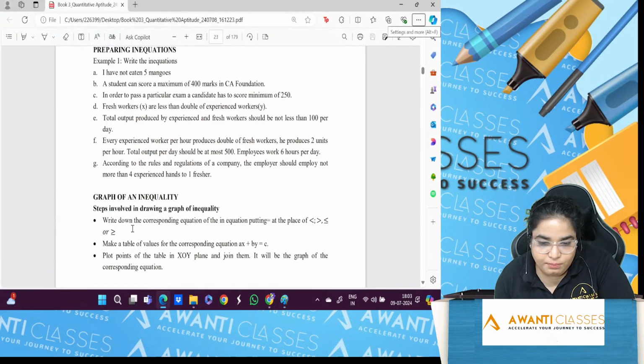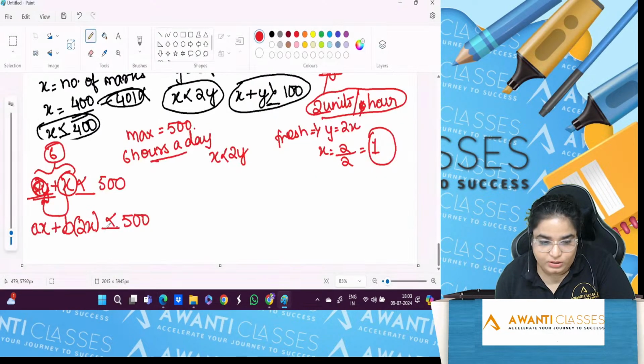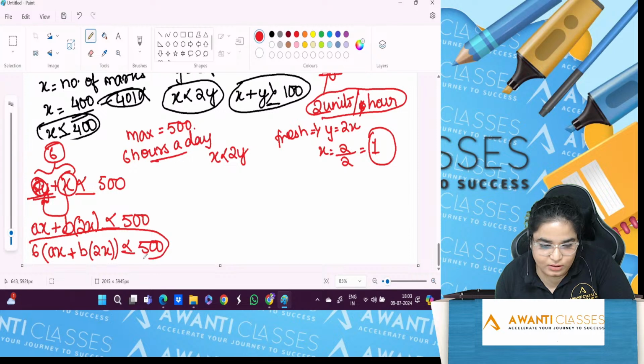But per hour, which means 6 hours into fresh workers into X output plus B into 2X will end up being 500. That is the inequality.